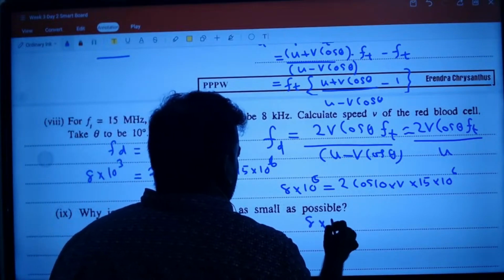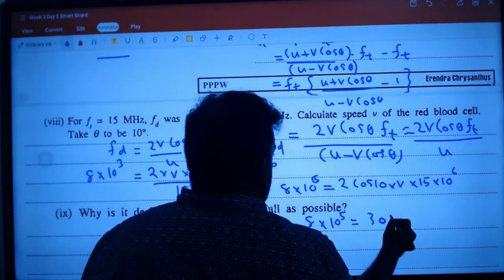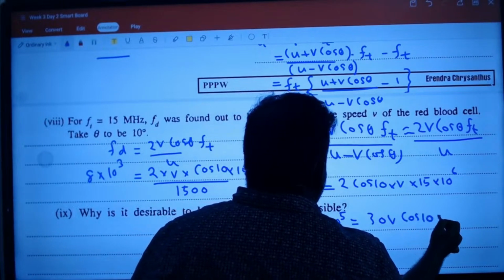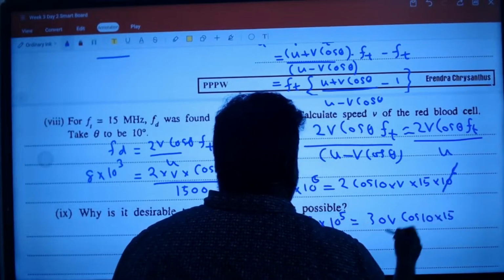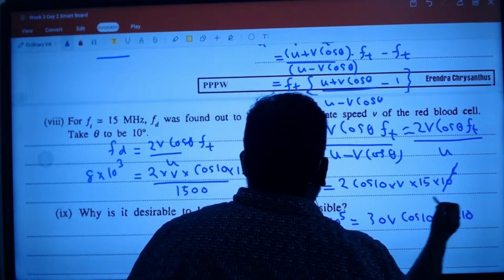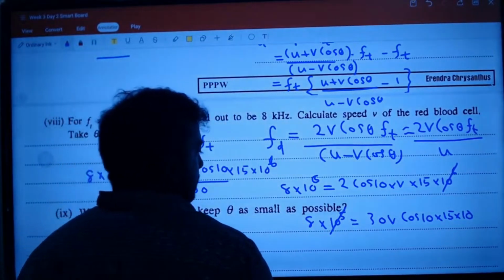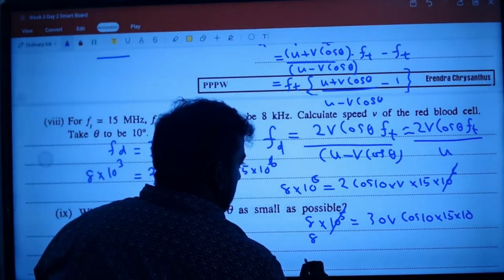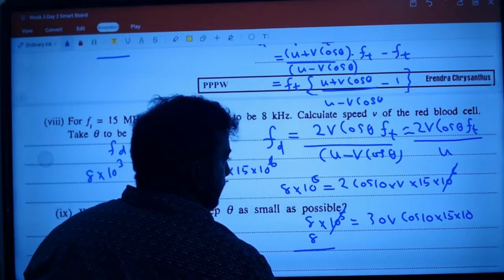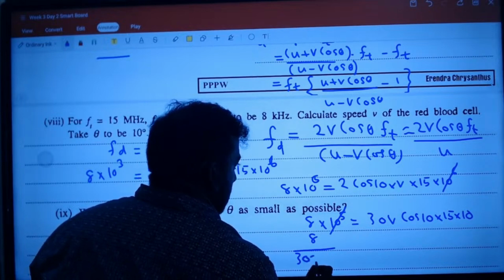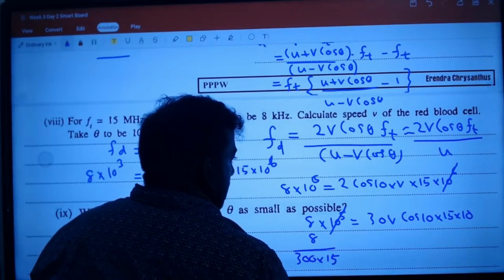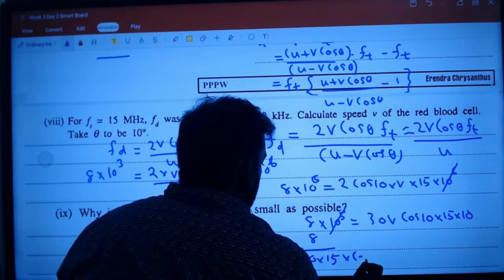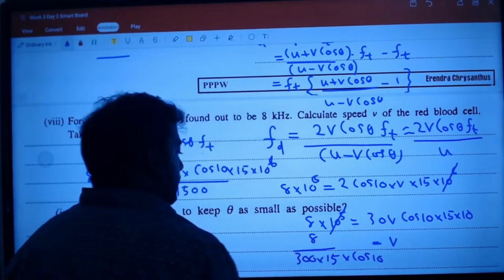So 8 times 10 to the power 5 equals 30 V cos 10 over 15 times 10 to the power 6. This whole thing goes, so 8 divided by 300 into 15 into cos 10 is equal to V.